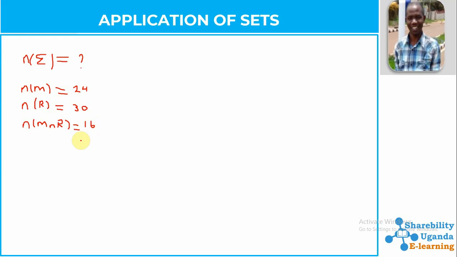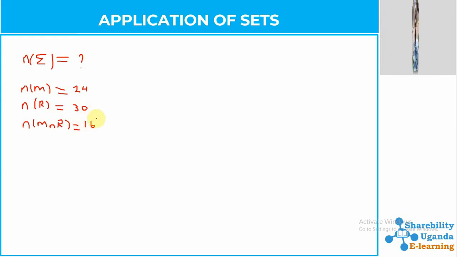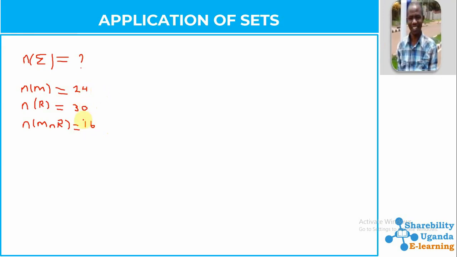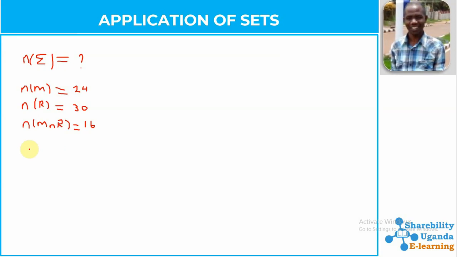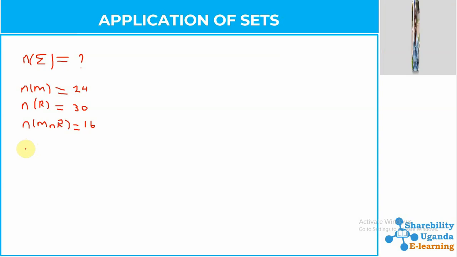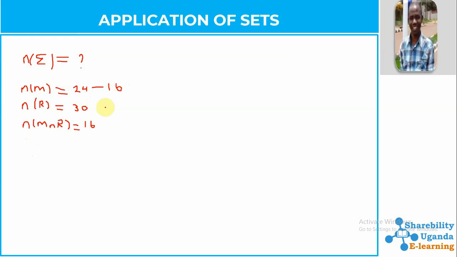In reference to our question, we have the number 16. These 16 are the ones taking both rice and matoke. For us to get the number of people who are taking only one category of food, we take the number of people taking matoke and subtract those who are taking both, that is 16.